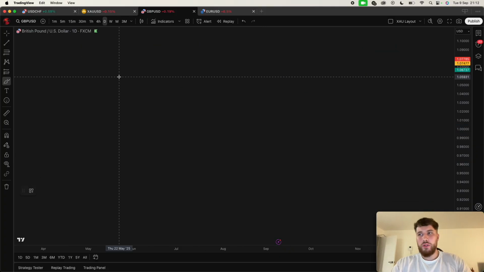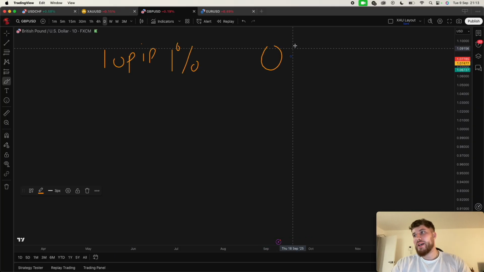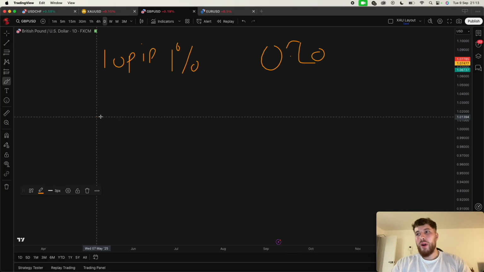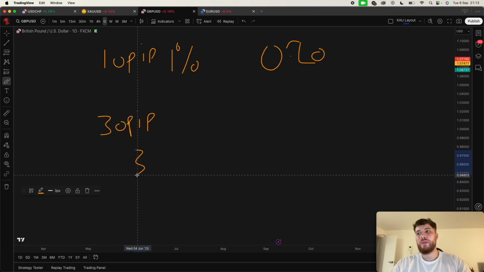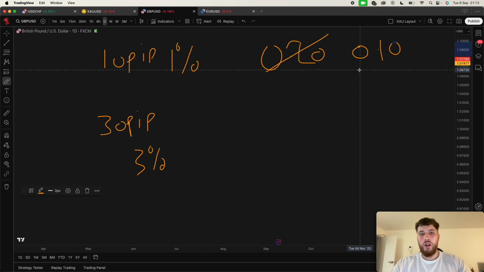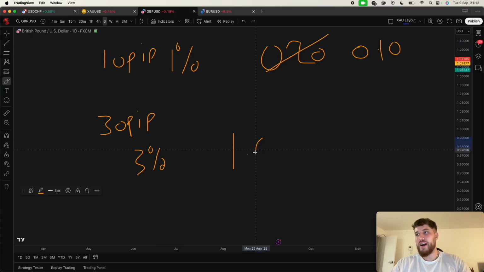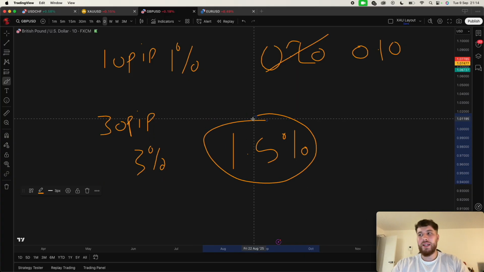Now, just giving another example, if a 10 pip stop loss was 1% risk at a 0.2 lot size, when price hits 30 pips profit, we know that price has achieved 3% or 3RR, right? So we can close 0.10 lots, as that's half of 0.20, to cash out 1.5%, allowing us to leave 0.5% exposed to the markets whilst banking some profits.